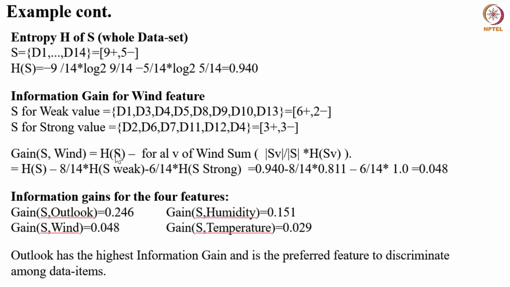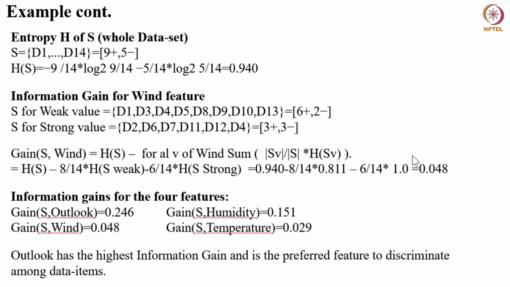Then we use the formula: the information gain by splitting according to the wind feature will be the entropy for the whole set that we already calculated, minus the sum of the entropies for these 2 subsets that we described above, moderated by the cardinalities of the 2 sets divided by the original data set.